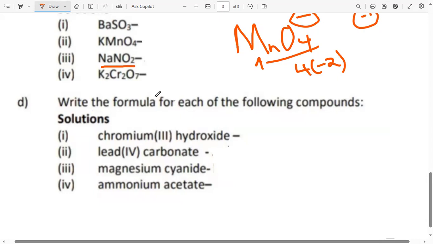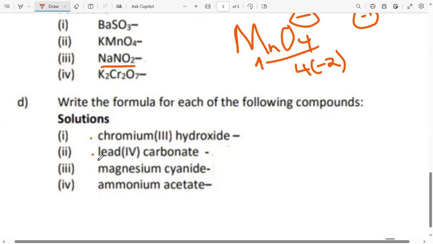Some of these formulas contain transition metals, like the first one and the second one. The transition metals always move with the valence that they are using in that chemical formula. You can see here they're saying chromium 3. It means that this chromium is using a valence of 3.